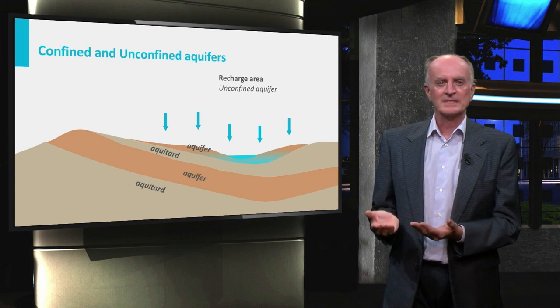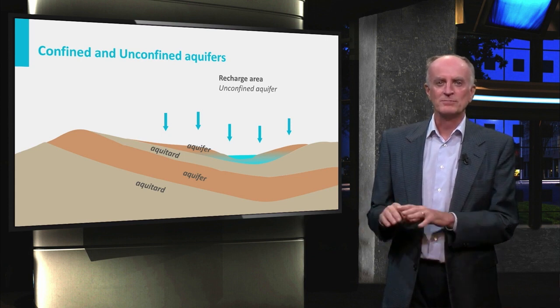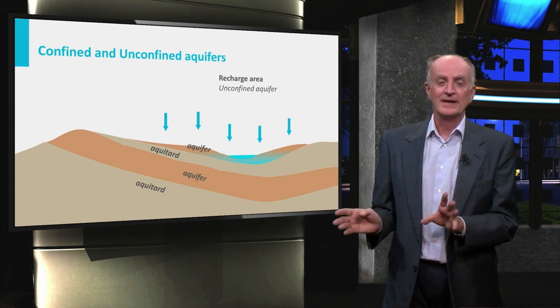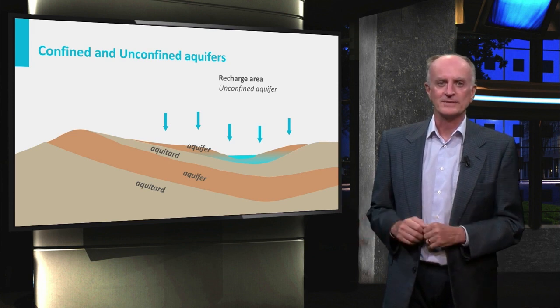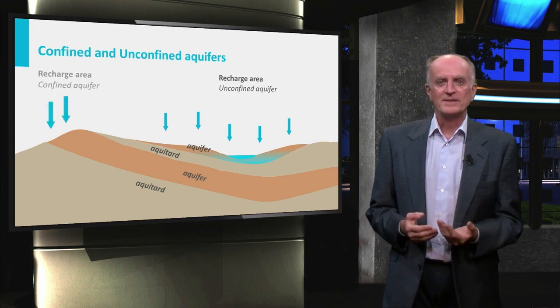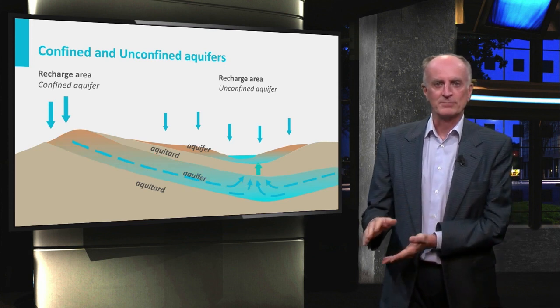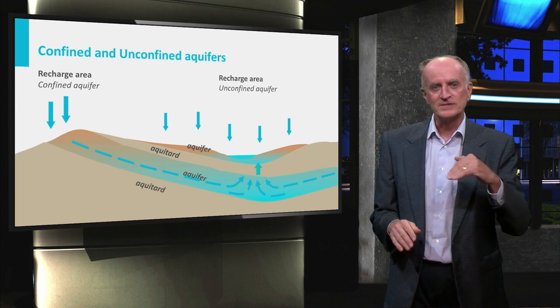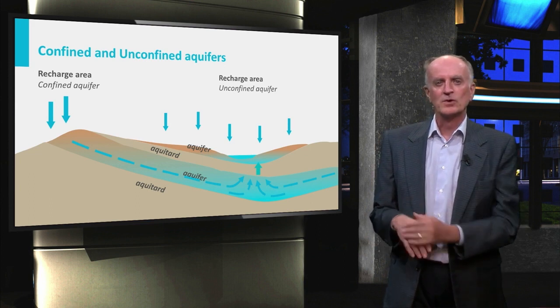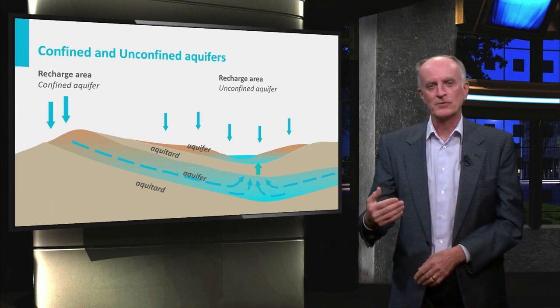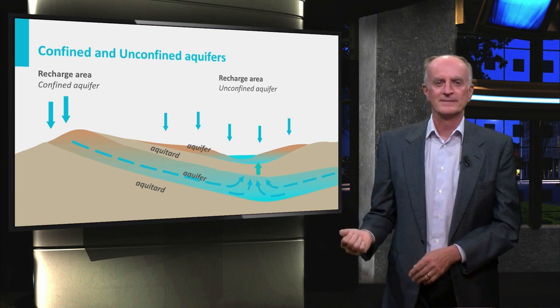Being close to the surface, unconfined aquifers are the first ones to be used by all communities and are increasingly under pressure. If in the recharge area permeable layers are found which dip steeper than the topography and therefore continue deep in the subsurface, the waters will flow along these layers, forming confined aquifers.